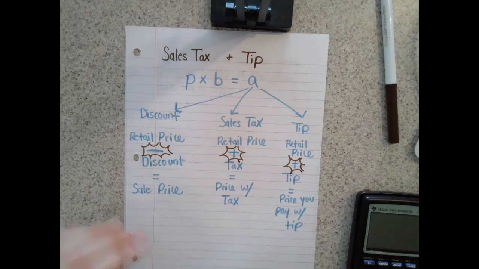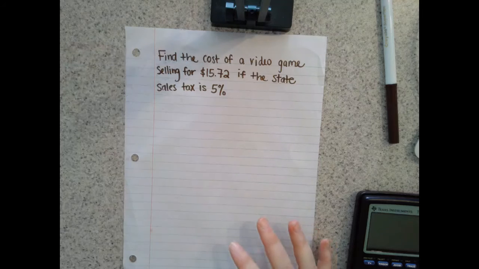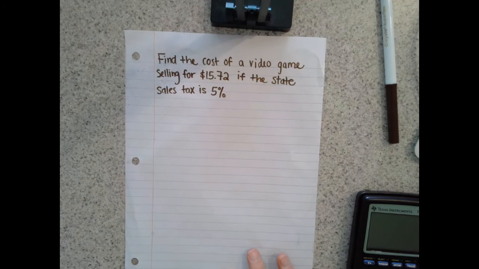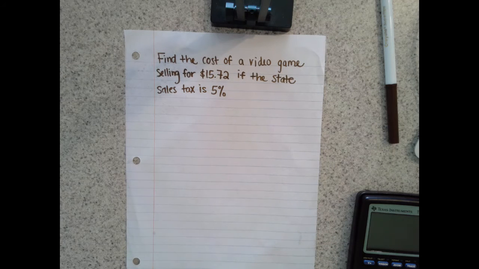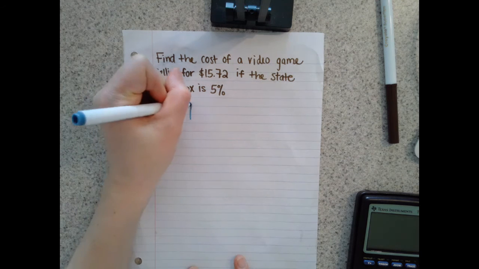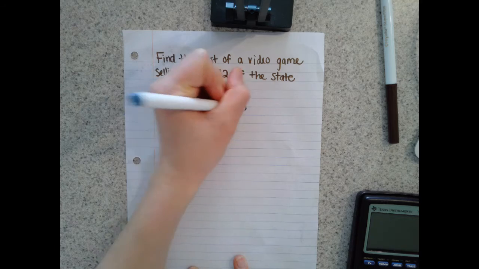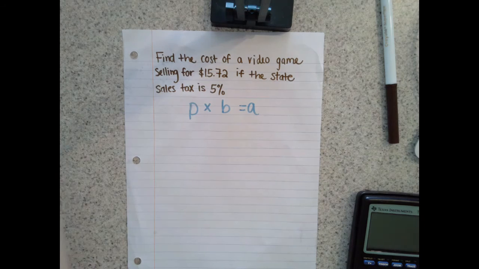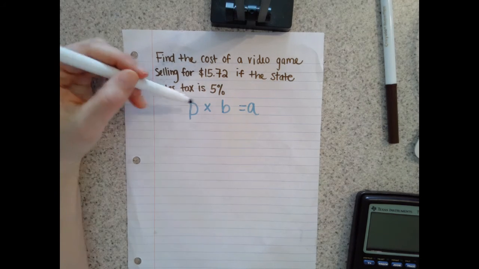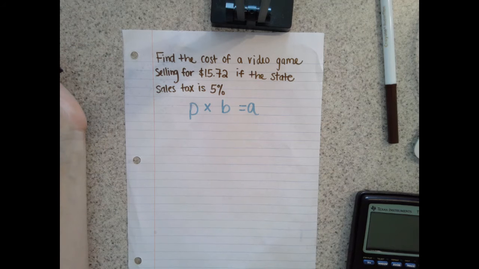So let's look at a sales tax example. Find the cost of a video game selling for $15.72 if the state sales tax is 5%. Let's plug in all the numbers we're given into this percent equation.